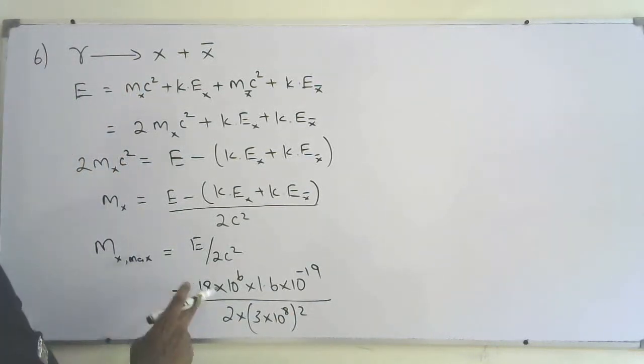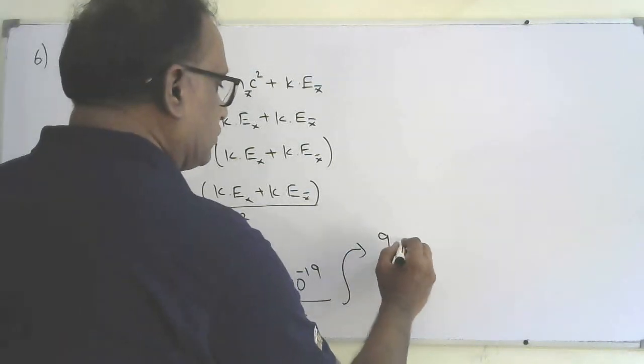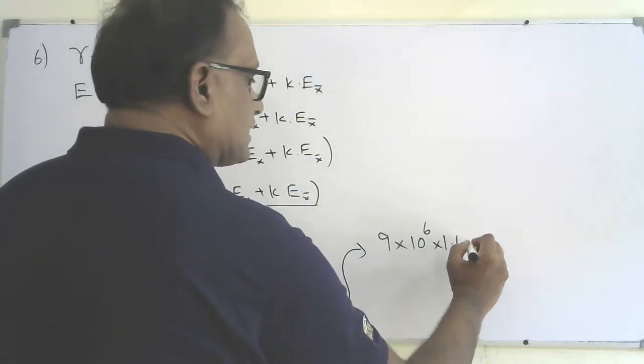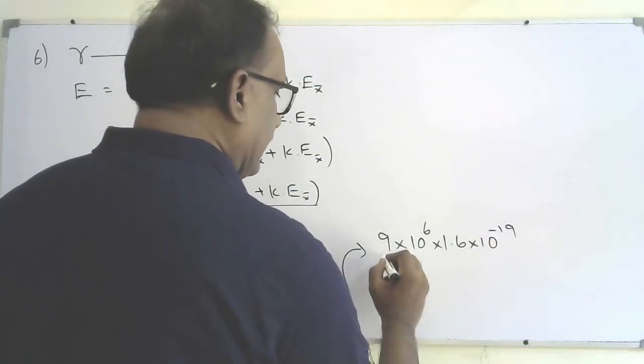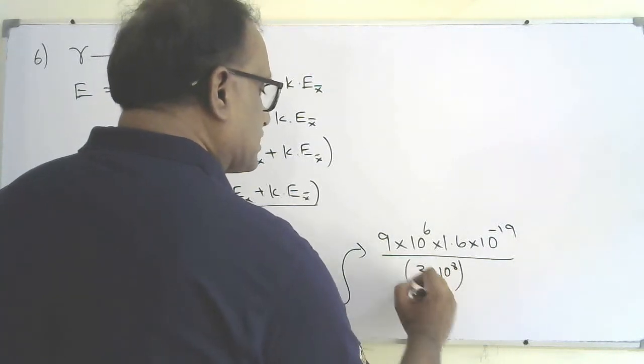So when you solve, 18 over 2 will become 9. So finally, you will get the answer 9 into 10 to the power 6 into 1.6 into 10 to the power minus 19 over 3 into 10 to the power 8 all squared.